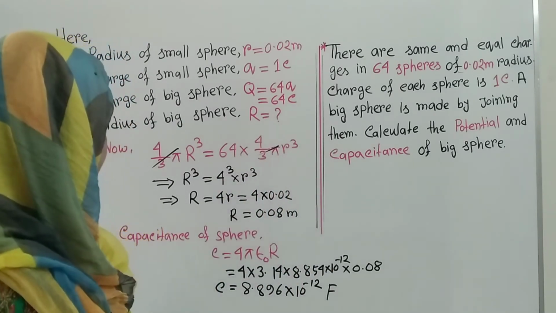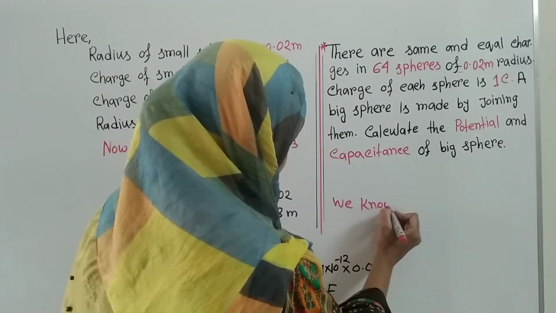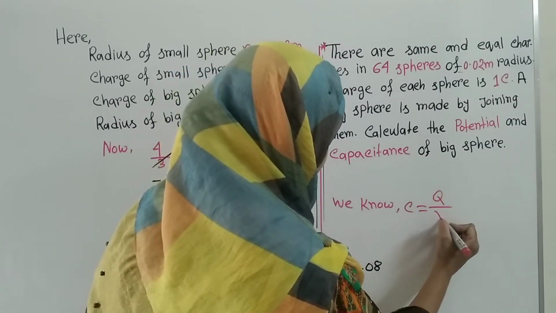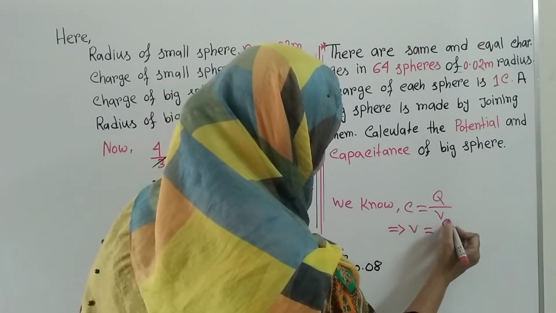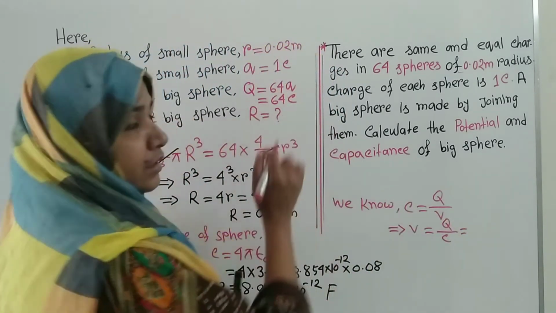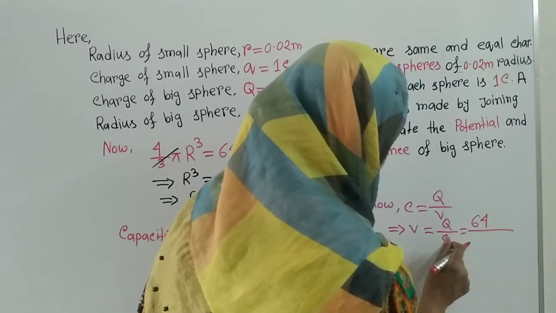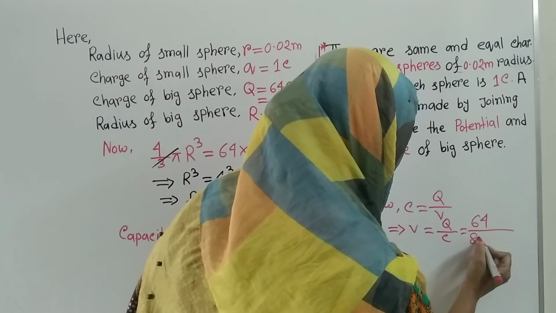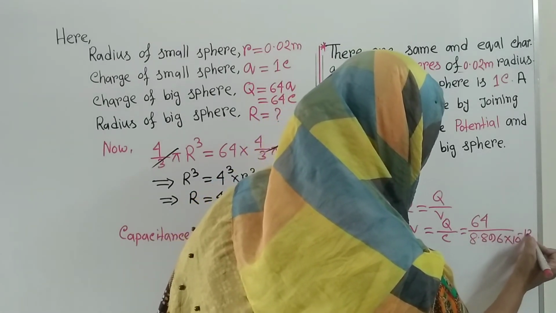Now we have to calculate the potential. We know that C is equal to Q divided by V. So we can write that V is equal to Q divided by C. Here the value of Q is 64 and the value of C we got is 0.896 into 10 to the power minus 12.